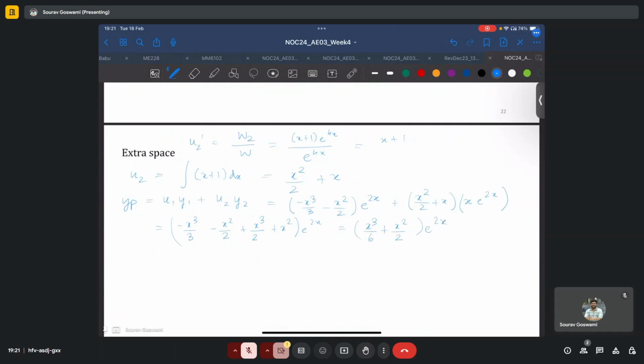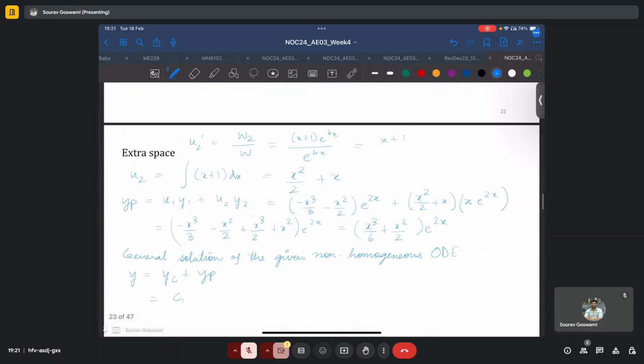And so the general solution of the given non-homogeneous ODE is y equals the complementary function plus the particular solution.